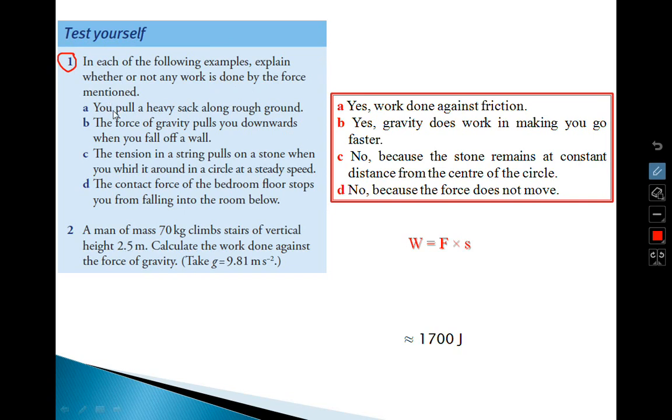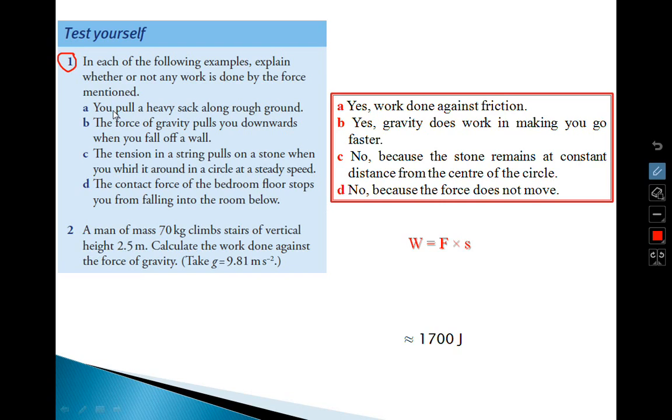So there is a force mentioned. We need to explain, is this force doing work or not? It depends on that force. So we have 4 sections A, B, C, and D. Section A, for example, you pull a heavy sack along rough ground.